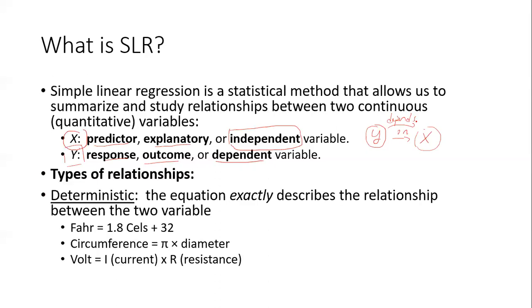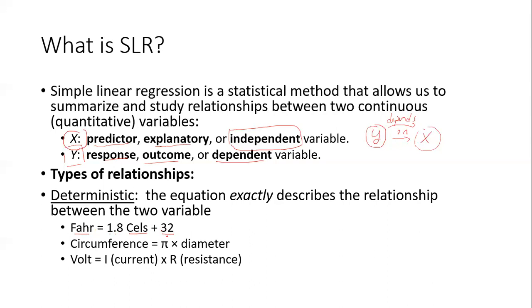Okay. So we have in fact two types of relationships. The first one is the deterministic. The equation exactly describes the relationship between two variables. Okay, so just look at this. For example, if you measure the temperature of the air, then if you know the Celsius, you can convert it to Fahrenheit by multiplying it by 1.8 and adding 32.